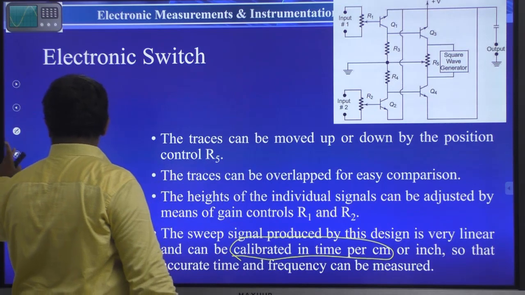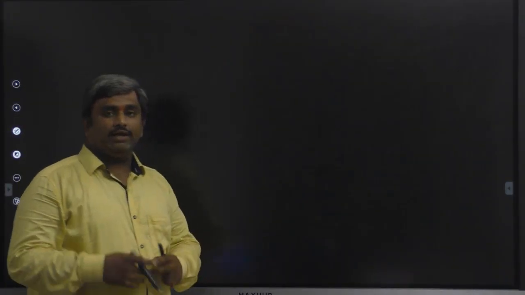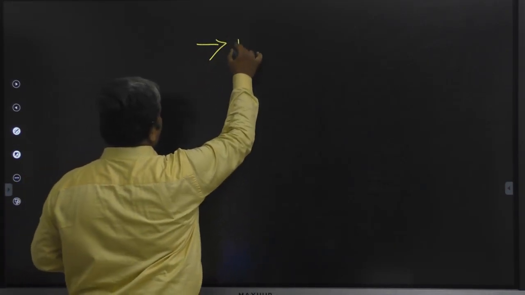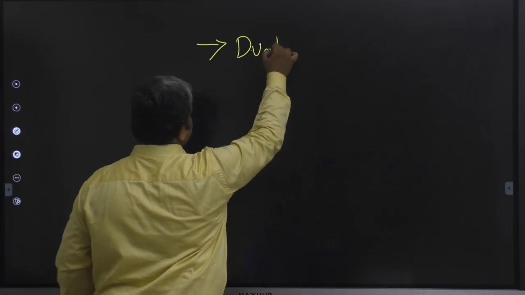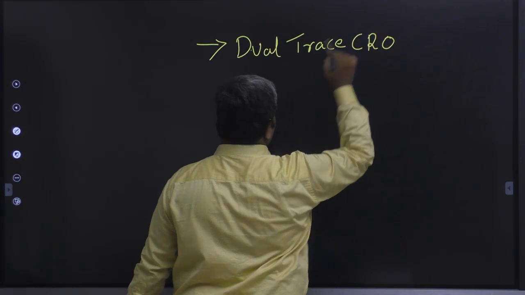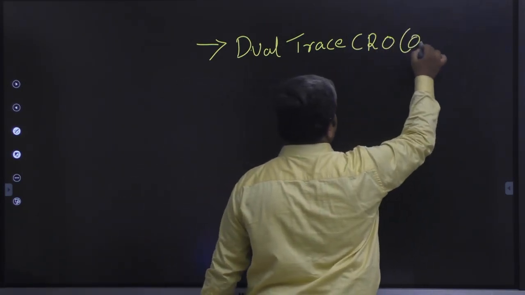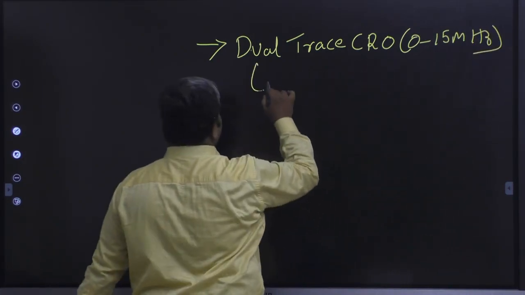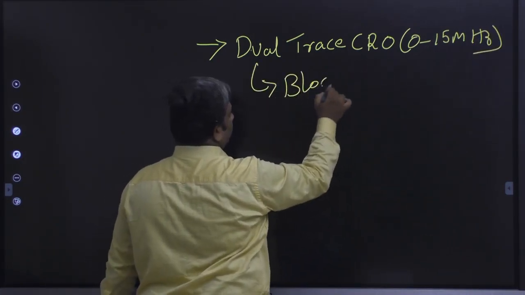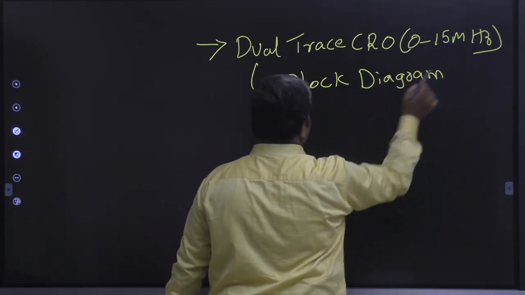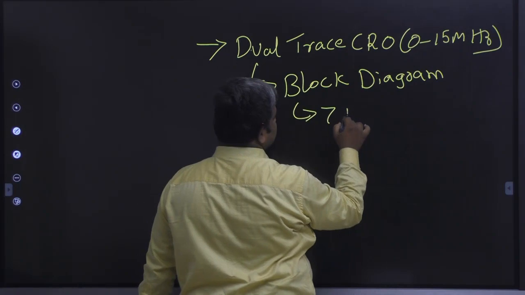So let us take a revision for today's class. Today we have discussed the dual trace CRO with a range of 0 to 15 megahertz, and a practical block diagram. It consists of nearly 7 blocks.